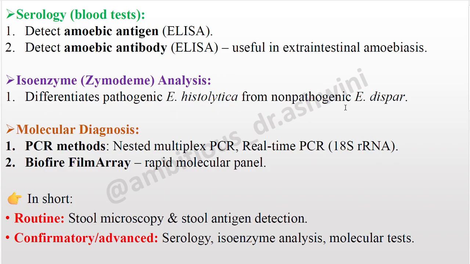Then molecular diagnosis is done, that is PCR method, nested multiplex PCR, real-time PCR, 18S rRNA, BioFire FilmArray, that is a rapid molecular panel. So in short, the laboratory diagnosis of E. histolytica is routine examination, that is stool microscopy and stool antigen detection, and confirmatory or advanced tests are serology, isoenzyme analysis, and all molecular tests.